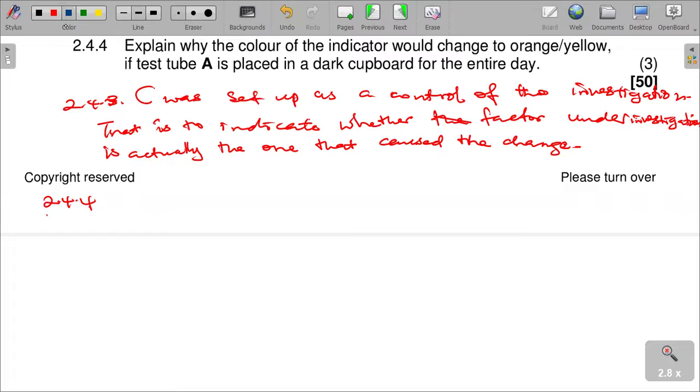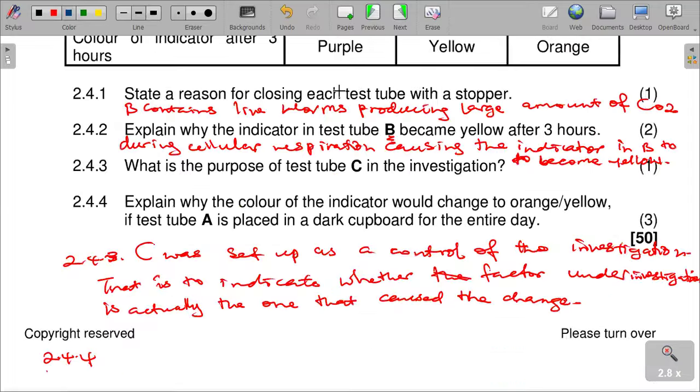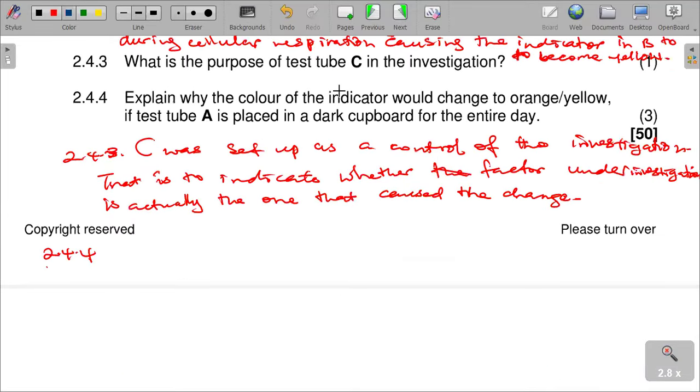You see that test tube A has got green leaves. So what the question is saying is explain why the color of the indicator would change to orange if the test tube is placed in a dark cupboard for the entire day.